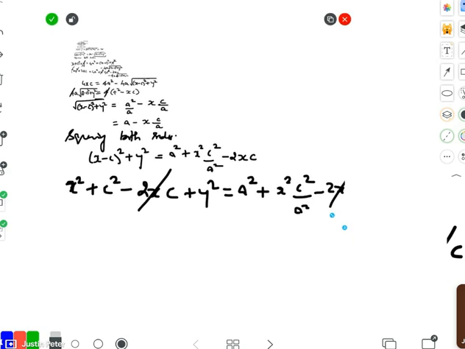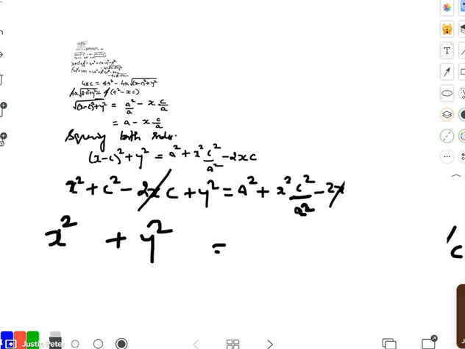What do we get? x square plus y square is equal to... what else will we have? c square and a square.